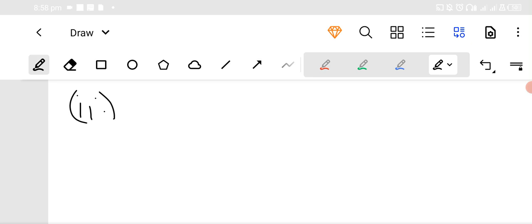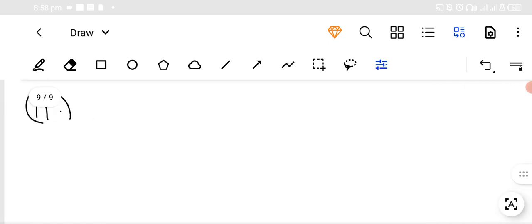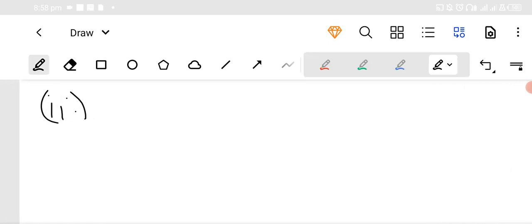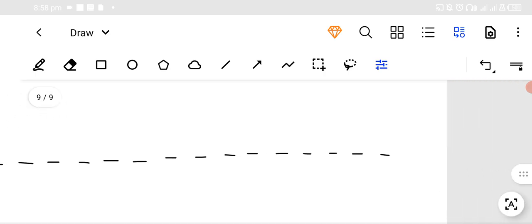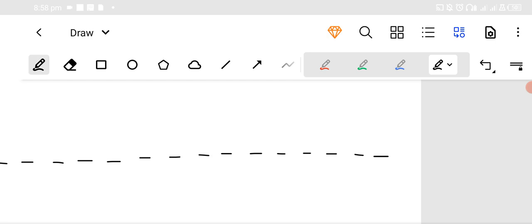Can I write 23? That's a lot of space. Okay. Anyways, for the sake of learning, 1, 2, 3, 4, 5, 6, 7, 8, 9, 10, 11, 12, 13, 14, 15, 16, 17, 18, 19.